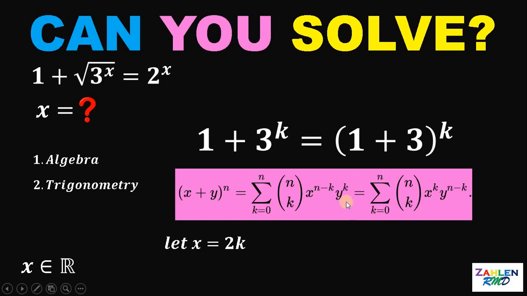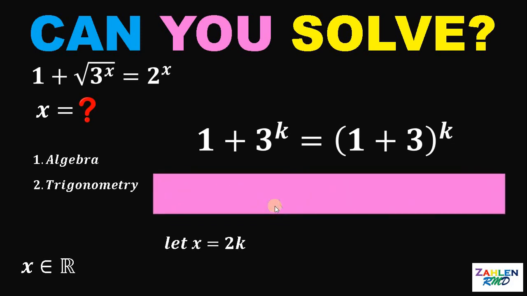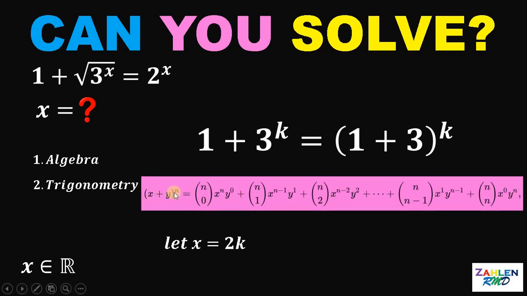And if we expand this using the summation, this is equivalent to x plus y raised to n equals n choose 0 times x raised to n times y raised to 0 plus n choose 1 times x raised to n minus 1 times y raised to 1 plus all the way until we reach n choose n times x raised to 0 times y raised to n.